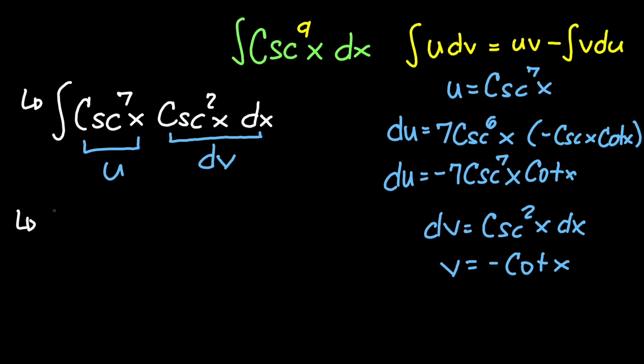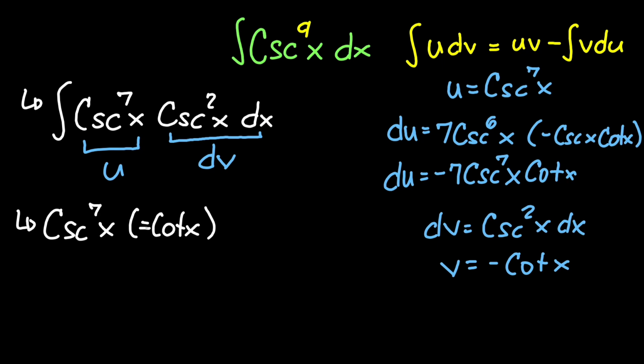After that, let us just plug in our values. First up would be u multiplied by v. U here in this case would be cosecant to the power 7 of x, and v here would be equal to negative cotangent of x.